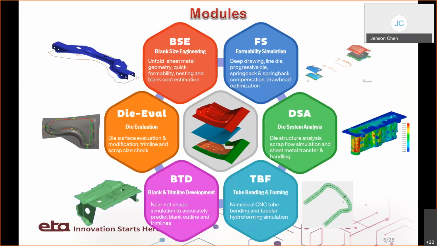This is where you will estimate or identify your die design issues, including the wrinkles, springbacks, and formability of stamping parts. We also have different modules for die evaluations and also die system analysis, tube bendings, and blank and trim line development.